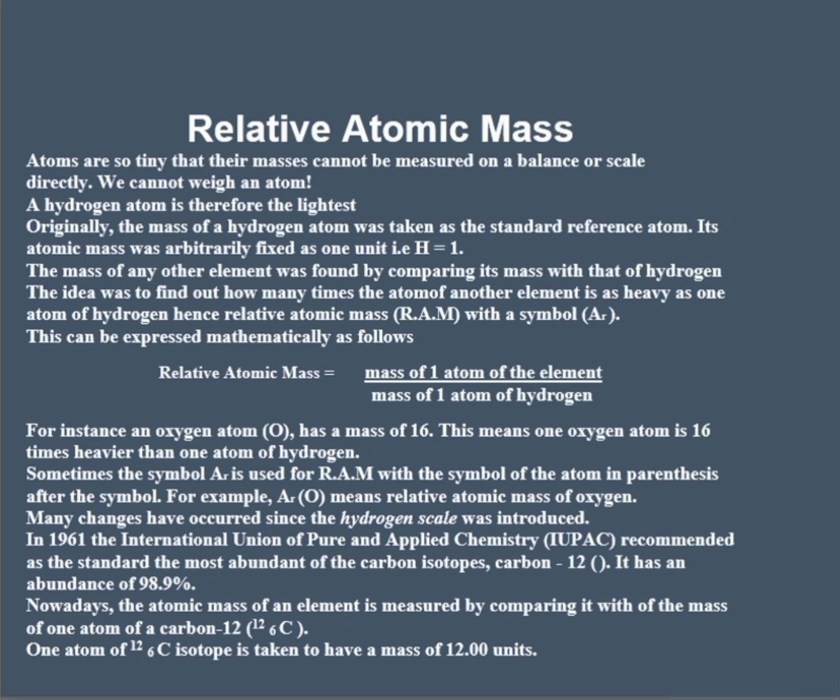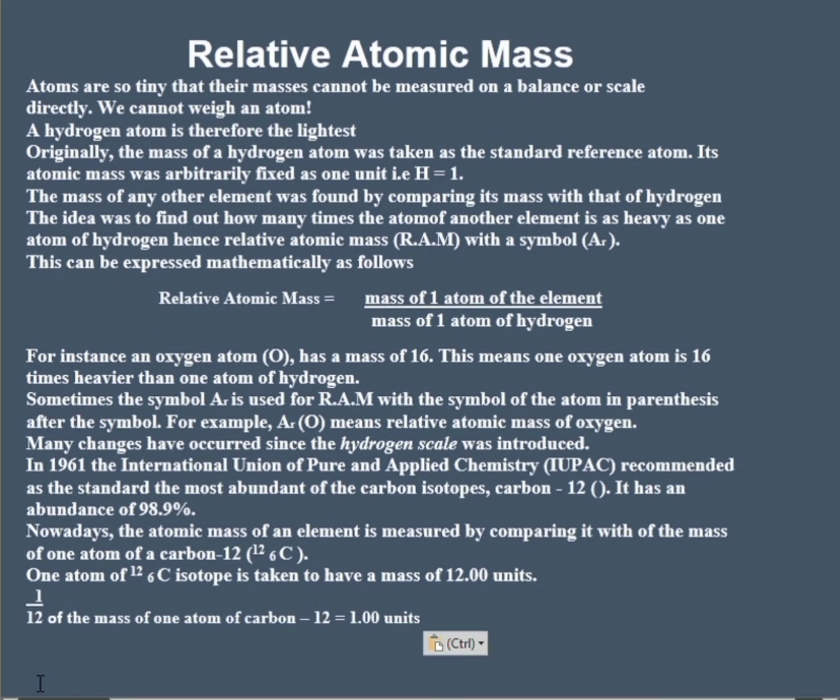So 1/12 of the mass of one atom of carbon 12 will be 1/12 multiplied by 12, which is 1 unit.